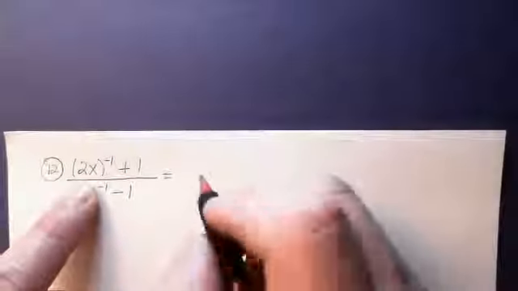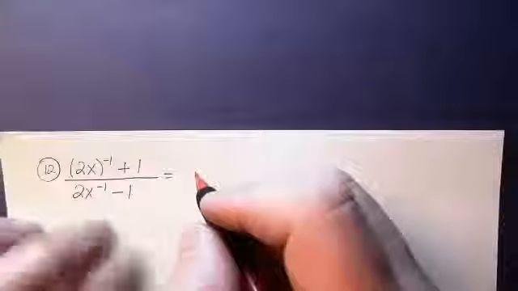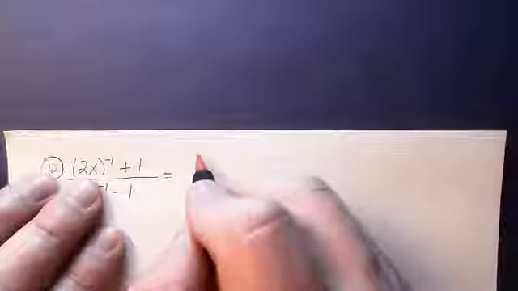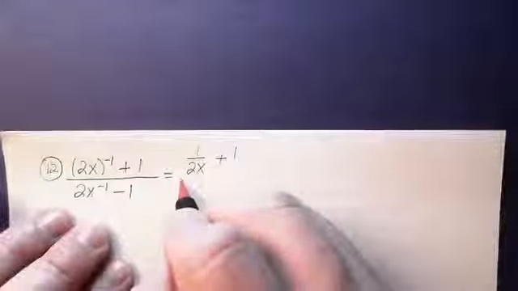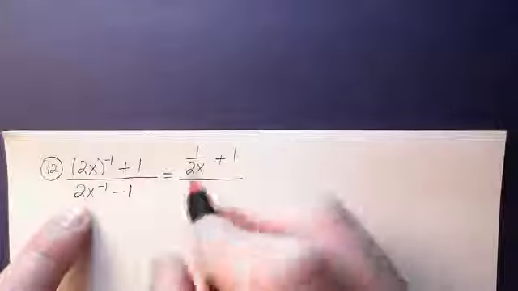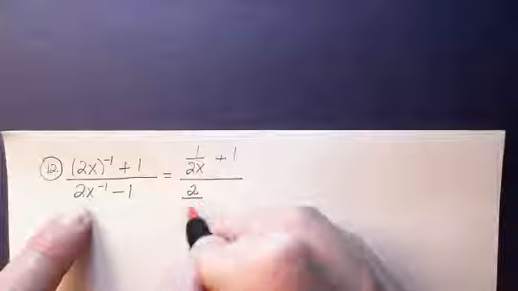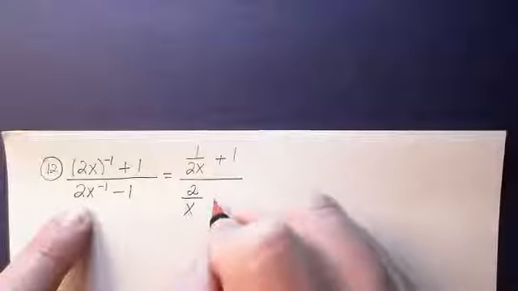And in this case, I'm going to flip the whole thing because there's a parenthesis. So that means 1 over 2x plus 1. On the bottom one, if you notice, there's no parenthesis, so the 2 stays on top, but the only thing that flips is the x minus 1.